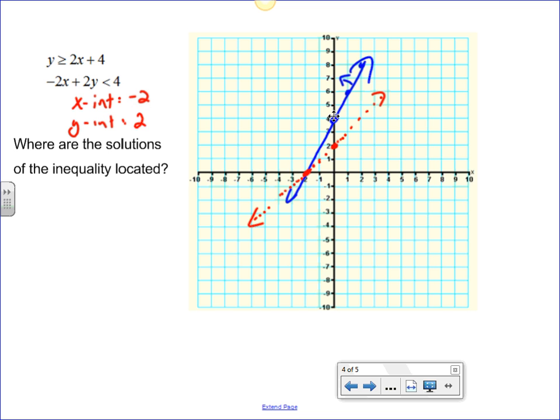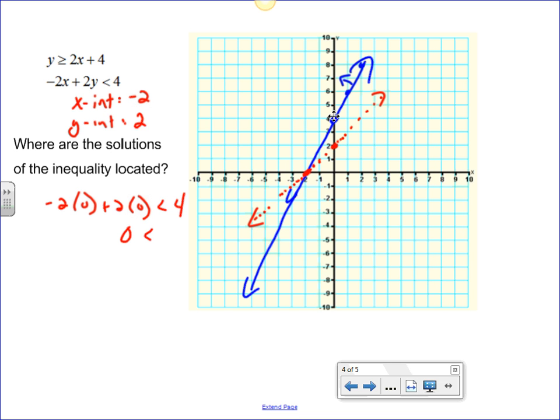Okay, and then to decide where I'm going to shade on that one, you could put in (0, 0). So if I put in 0, 0, negative 2 times 0 plus 2 times 0, is that less than 4? Well, 0 is less than 4, so yes, I'm going to be shading on the side of (0, 0). So I'm just going to extend this line a little bit further here.